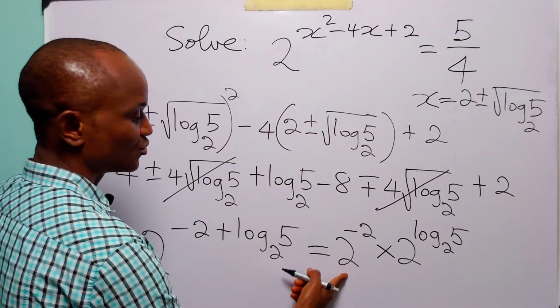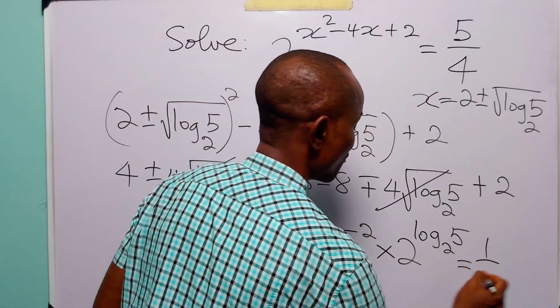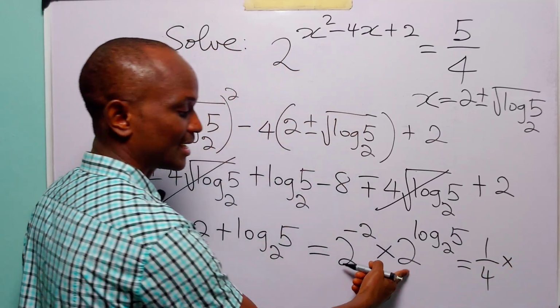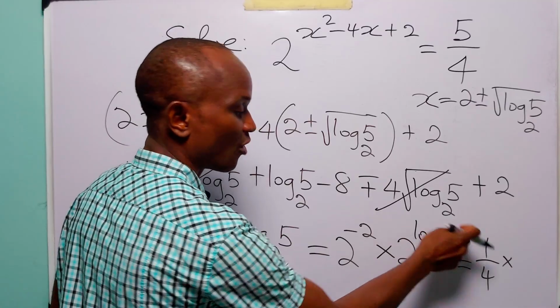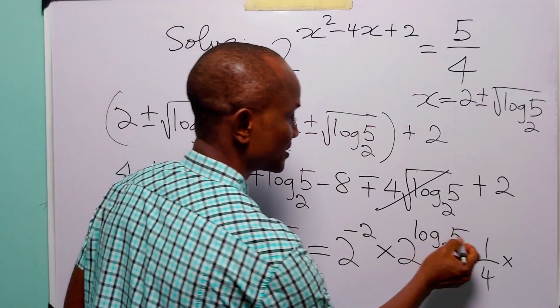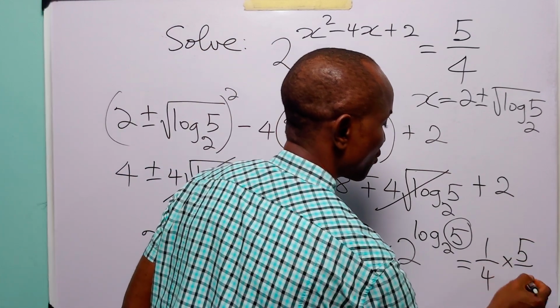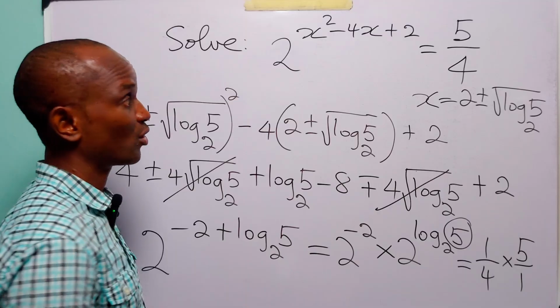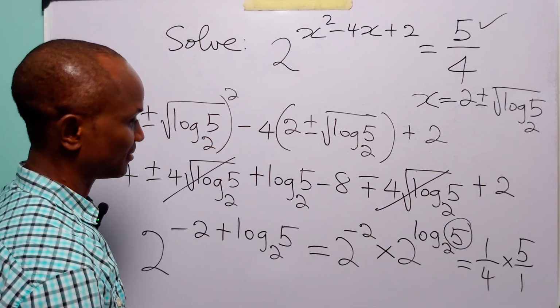Of course, we know that 2 to the power minus 2 is the same as 1 over 2 squared, which is 4. And now look at this. We have 2 to the power log to base 2 of 5. Of course, you know that this is simply equal to 5. So this is times 5 over 1. And of course, this is 5 over 4, which is exactly what we have on the right-hand side.